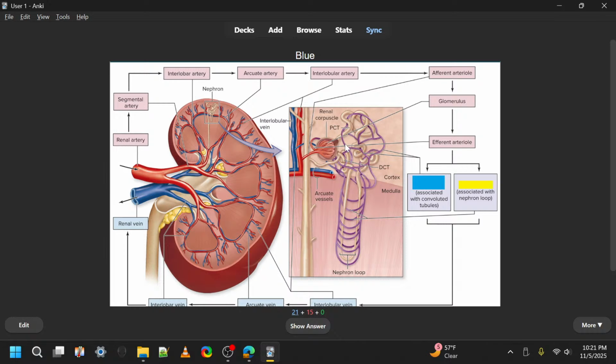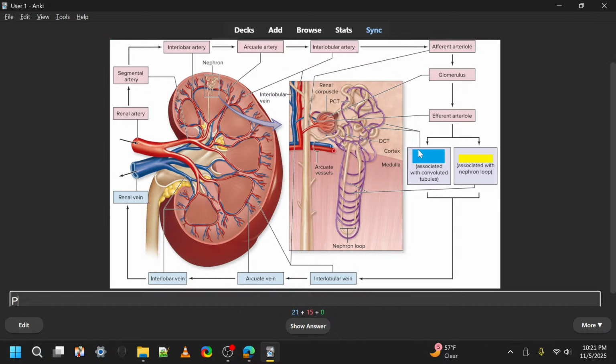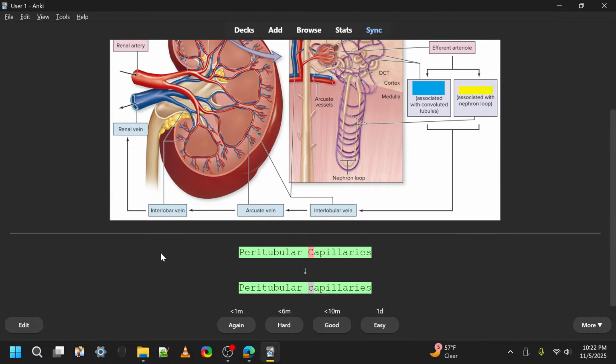So I believe this is the peritubular capillaries. Peritubular capillaries. So peri means next to. So next to tubular. So it's next to the tubules. And it is a capillary. So let's see if that's right. Heck yeah. Alright, it's just a capitalization error, but I don't care about that.